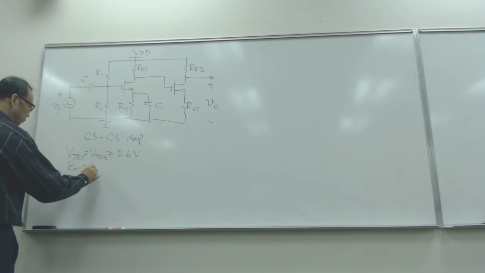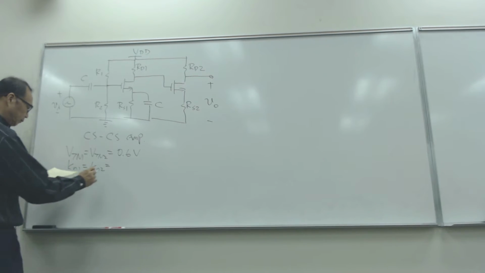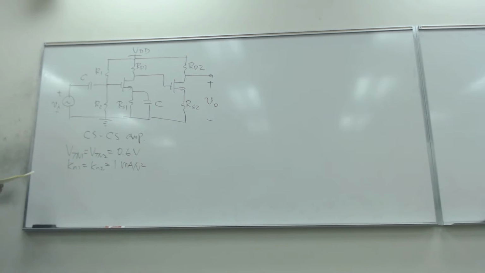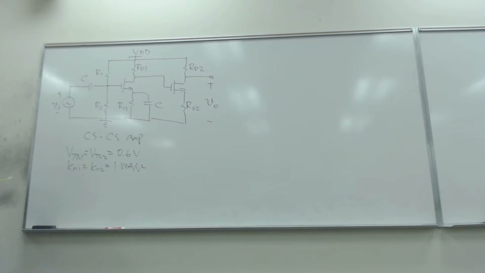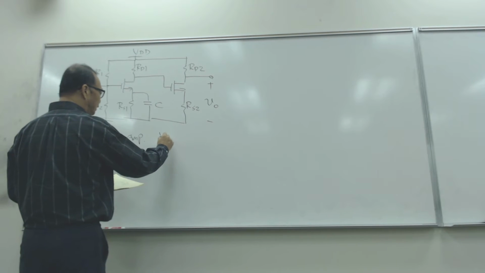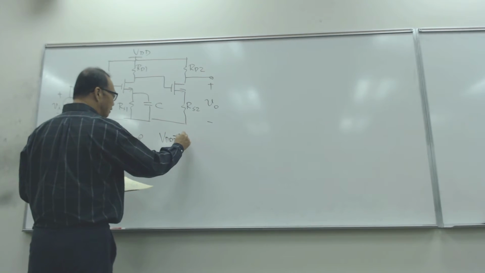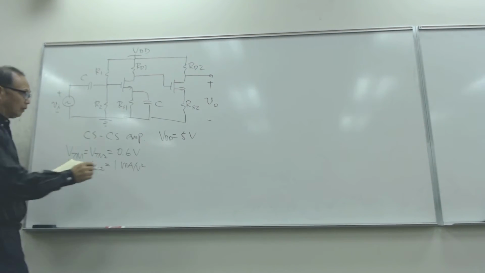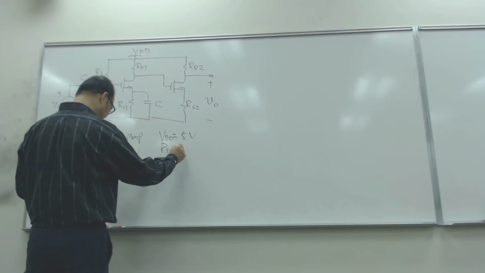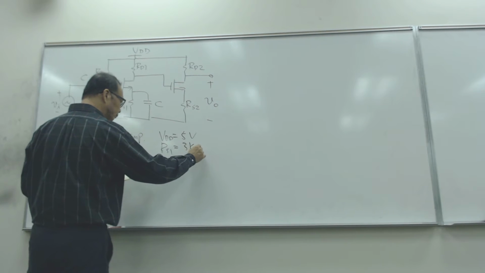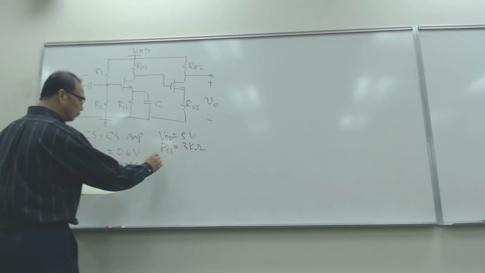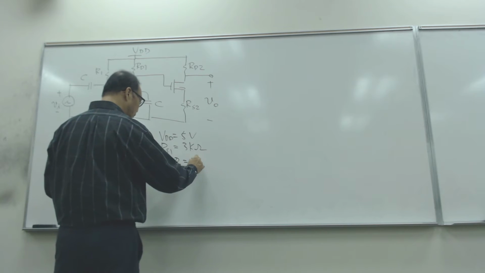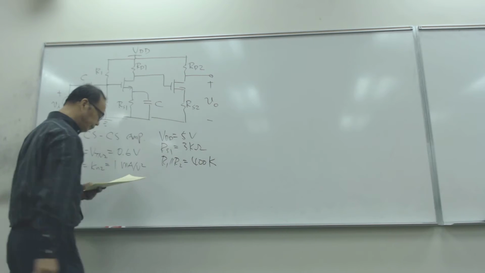KN1 equal to KN2, 1 milliamp per volt squared. VDD, 5 volts. RS1, 3 kilo. Bias 2.